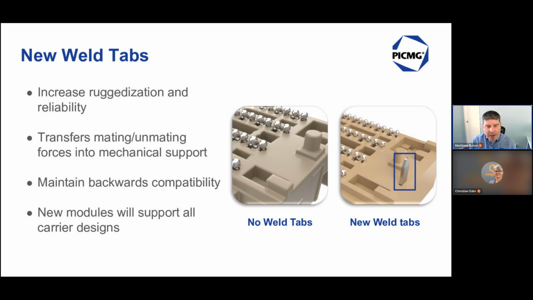So it does maintain backwards compatibility when designing a module with a weld tab versus a carrier without the weld tab, or vice versa. If you have a module that doesn't have the weld tab and you design a carrier card that does have the weld tab, they'll intermate without problems. The new modules will support all carrier designs, which is basically the point that we were making.